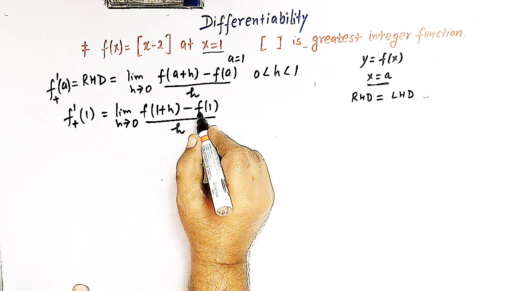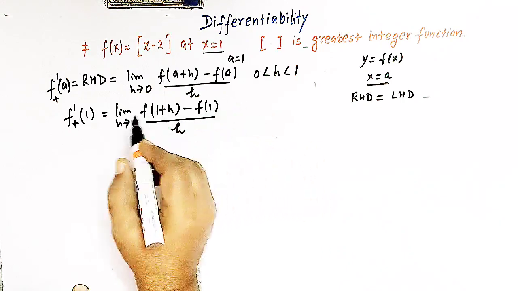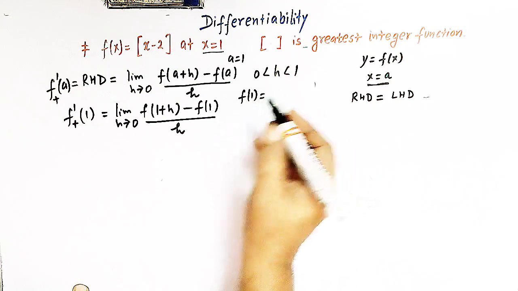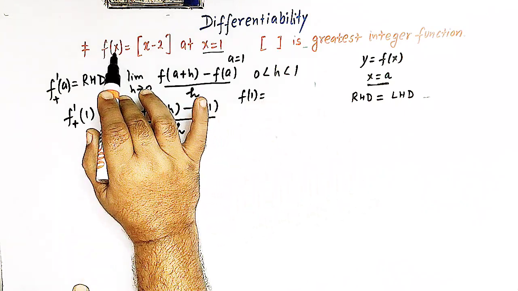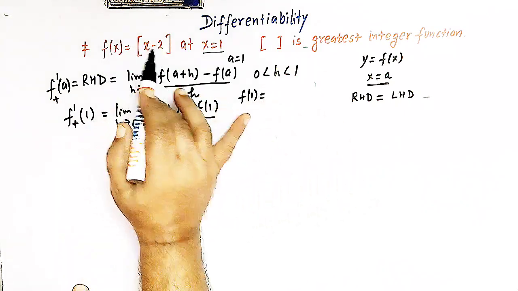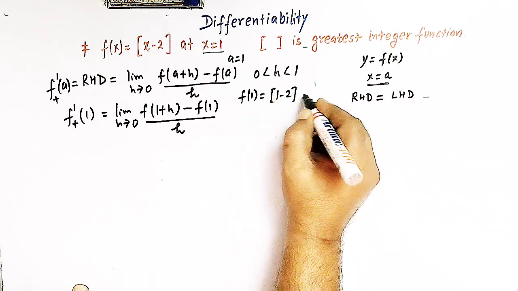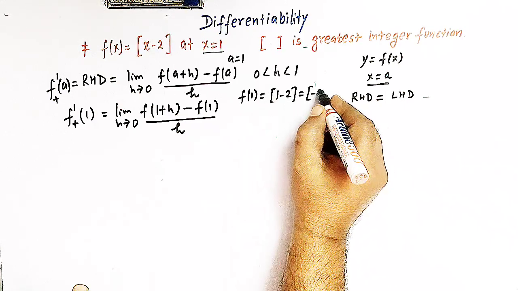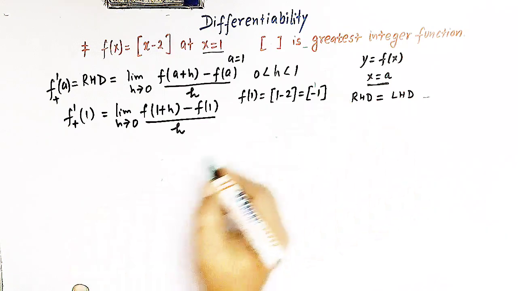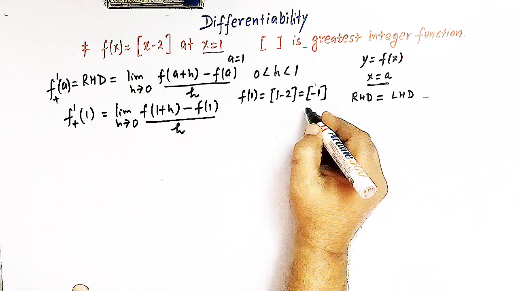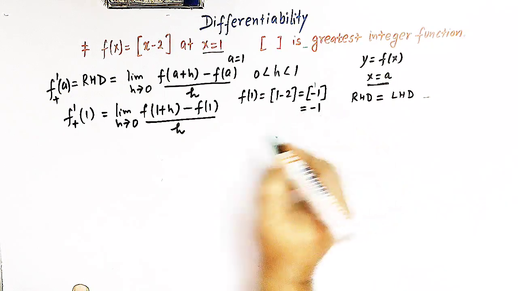Now let us first find the value of f of 1. We can find f of 1 by taking x is equal to 1 in this function. So we have greatest integer of 1 minus 2, which is greatest integer of minus 1. We know that the greatest integer of an integer is the integer itself.